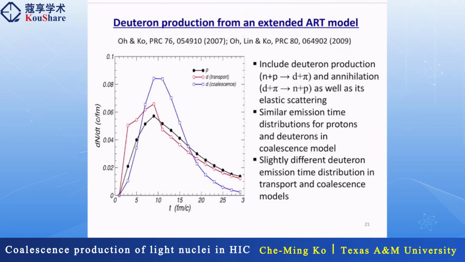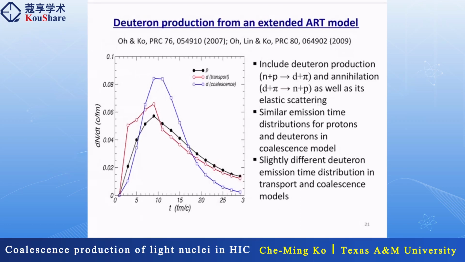I think that's the first microscopic model calculation including deuteron as a dynamic part of the hadron evolution. Because we don't have the three-body scattering, we only include NP to d pi and d pi to NP, the two-body reactions. Unfortunately, that cross section is tiny, only 10 millibarns, right?